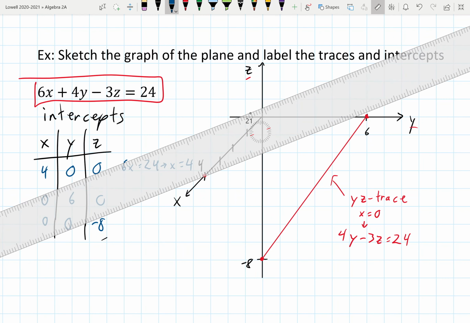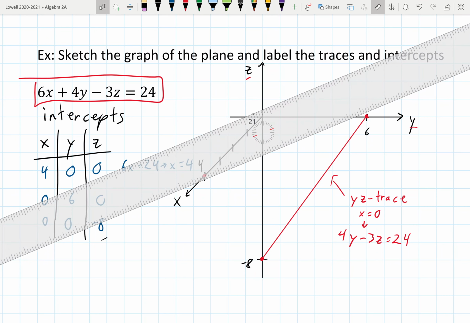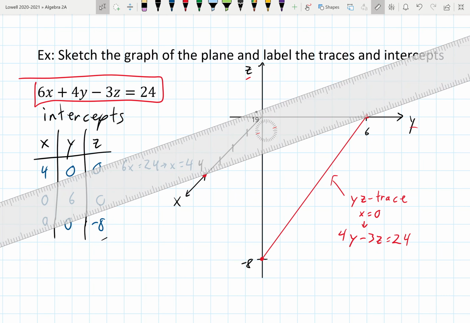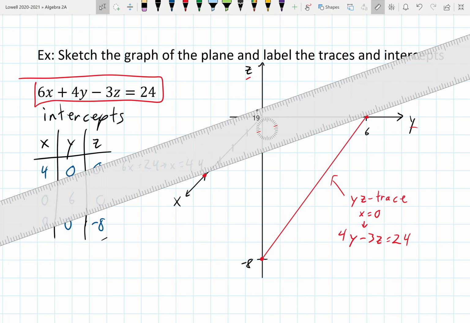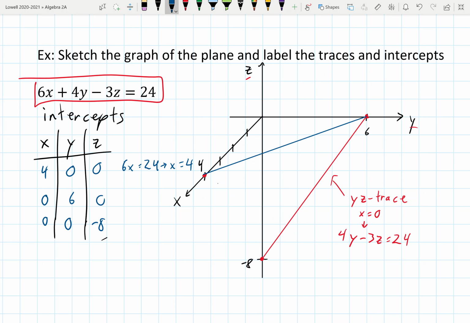And we'll just follow through. So now if I draw this one, connecting my x and y intercept, like so. I'll do that in blue. This is the xy trace.